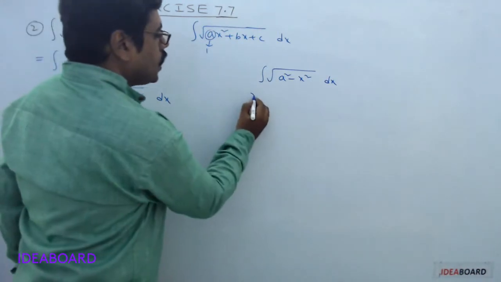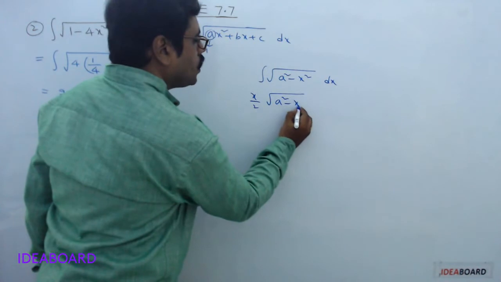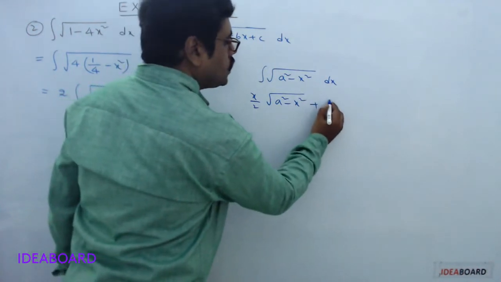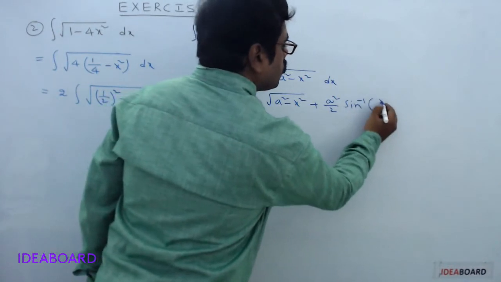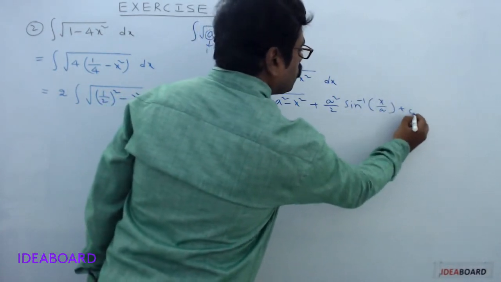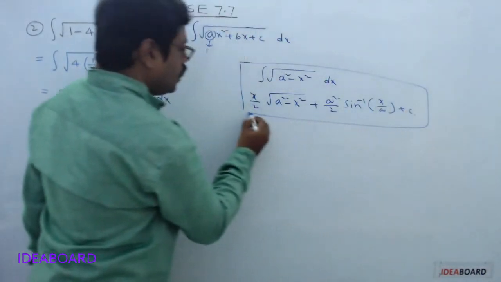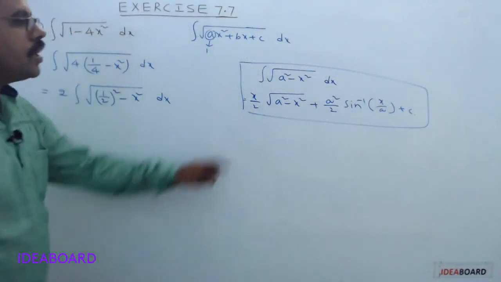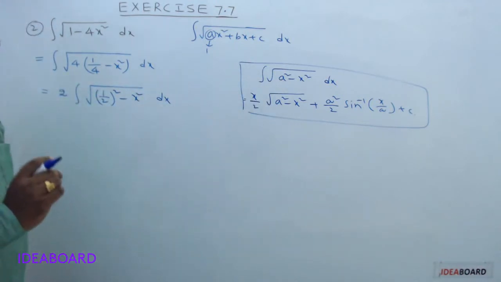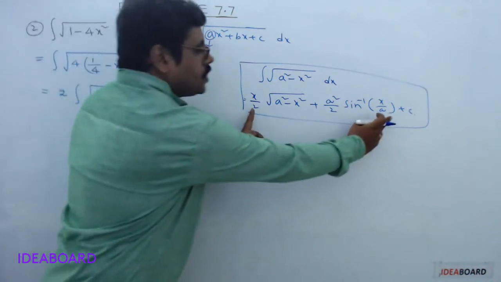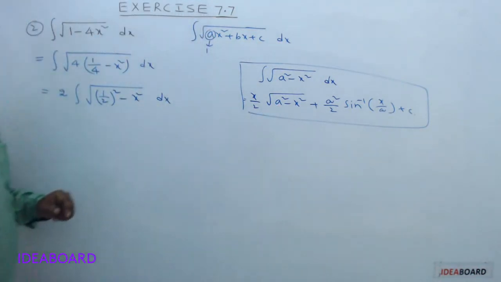It is x by 2 into square root of a square minus x square plus a square divided by 2 into sine inverse of x by a plus constant c. Now here in place of a, 1 by 2 will be there. So in this expression just replace a with 1 by 2.